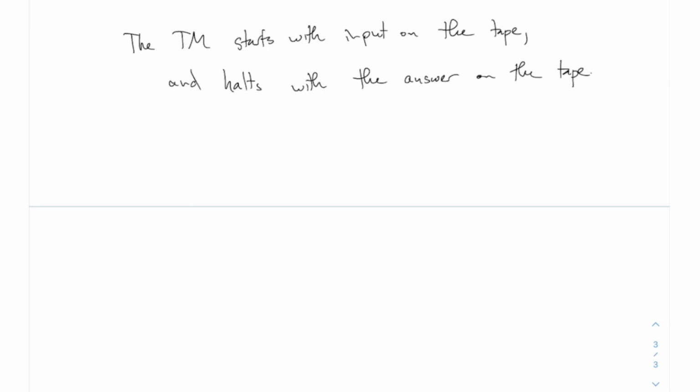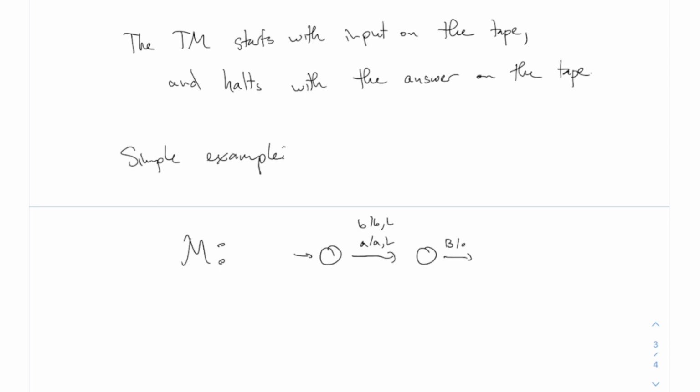So here's a simple example. And I'm going to give a name to this machine. I'll call it M. It has an arrow here: A, L, B, B, L. And it has an arrow here: blank, A, R. All right.